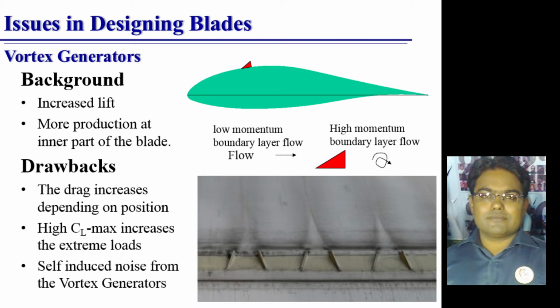So from a structural point of view, it is a drawback, right? So larger aerodynamic loads will be acting on the blade. So we have to decide the appropriate location where we can install the vortex generator. So self-induced noise may also be there due to the flow interaction in these cavities, right? So noise issues will also be there that also need to be addressed appropriately.